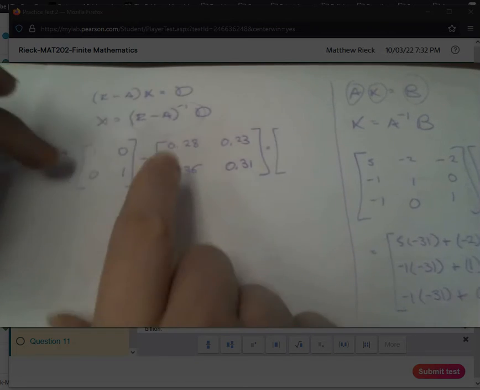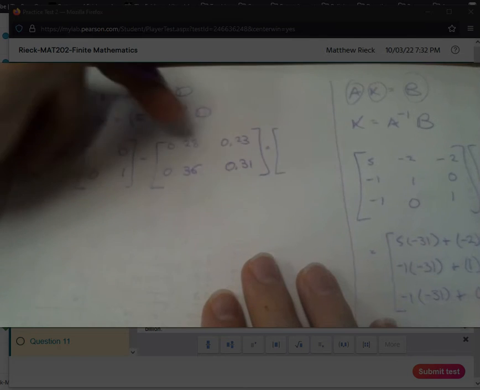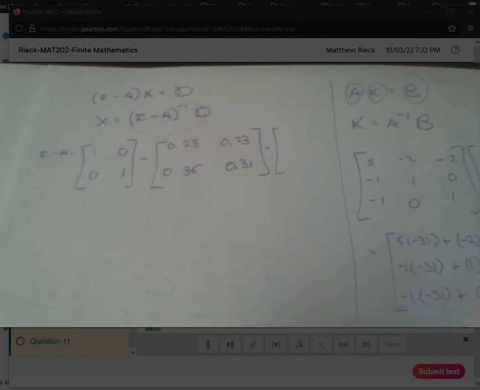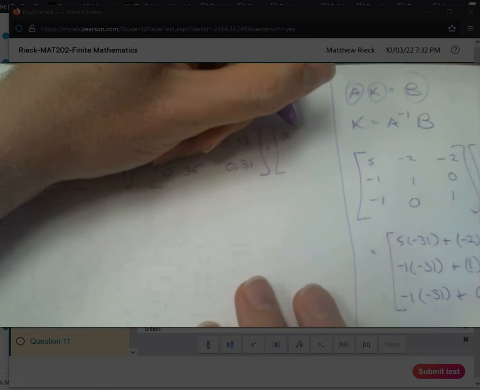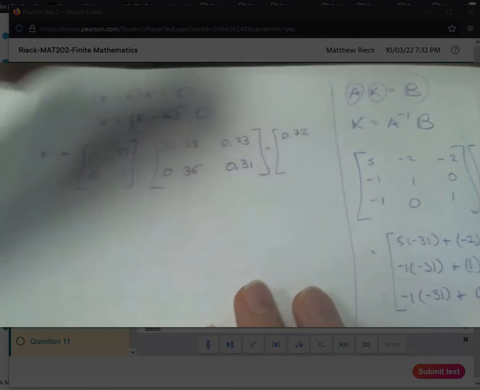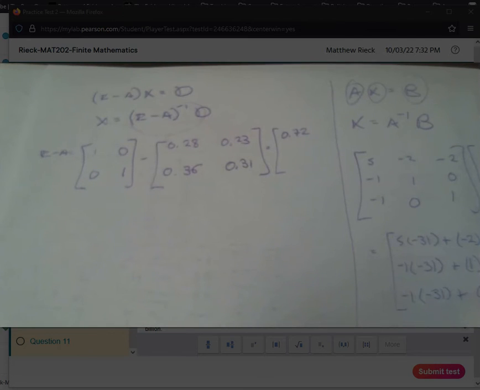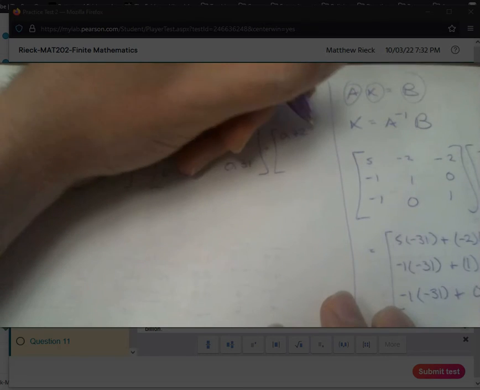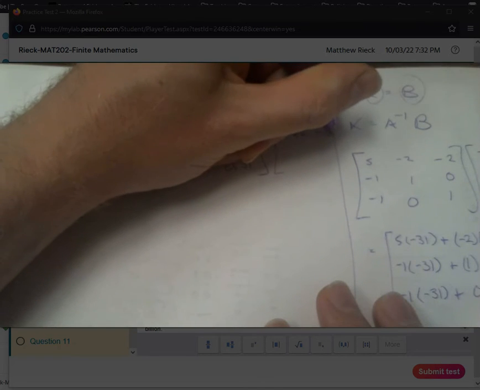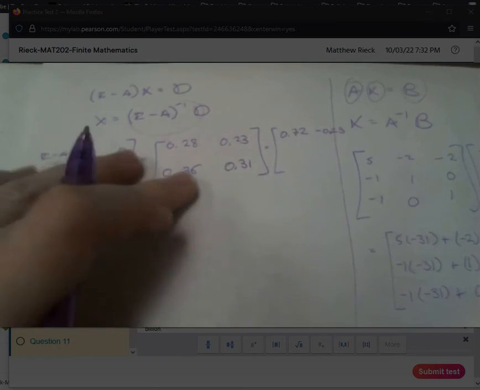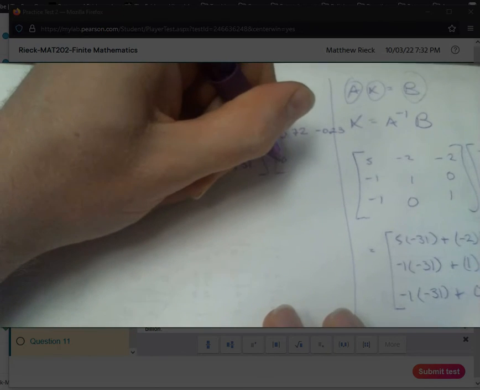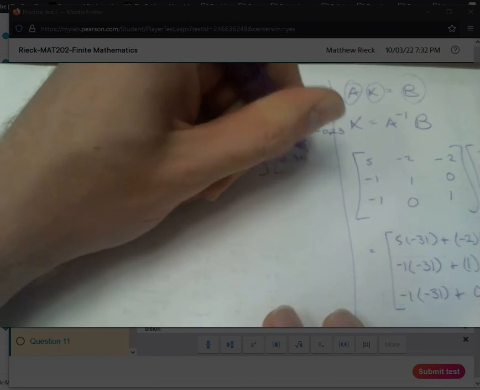All right, so again, you just subtract corresponding entries here. So we have 1 minus 0.28, it's going to be 0.72. 0 minus 0.23 is going to be negative 0.23. 0 minus 0.36 is going to be negative 0.36.